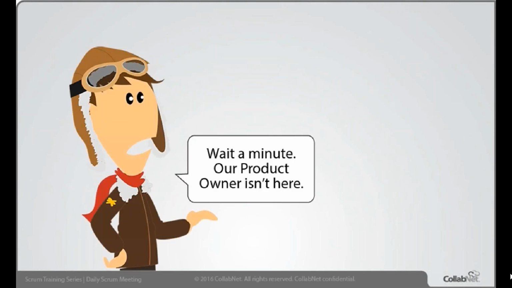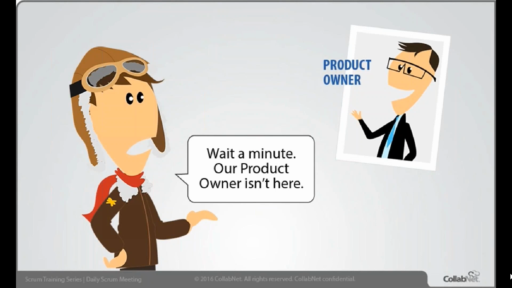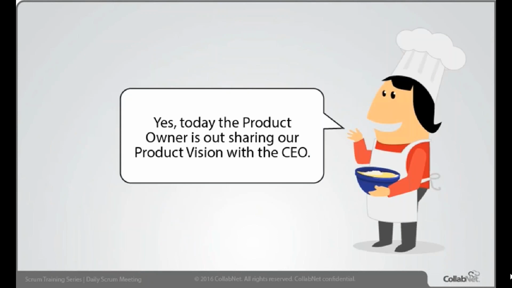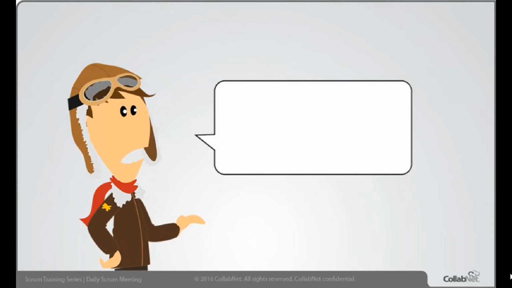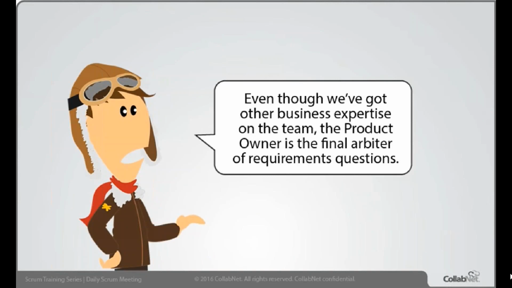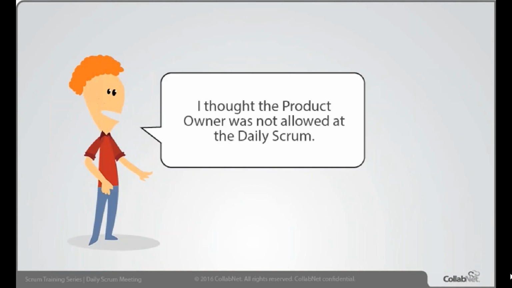Wait a minute. Our product owner isn't here. Yes, today the product owner is out sharing our product vision with the CEO. I thought the product owner was not allowed at the daily scrum.